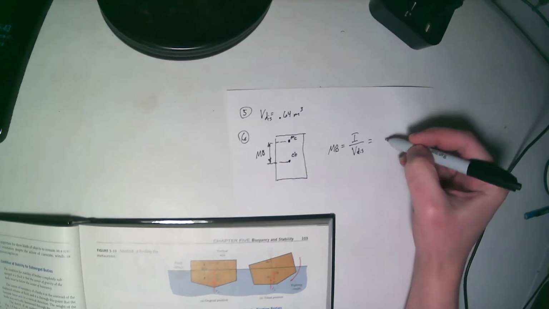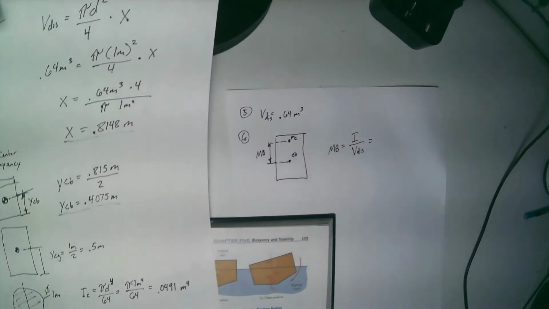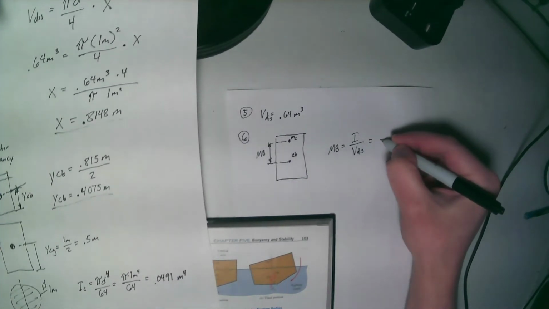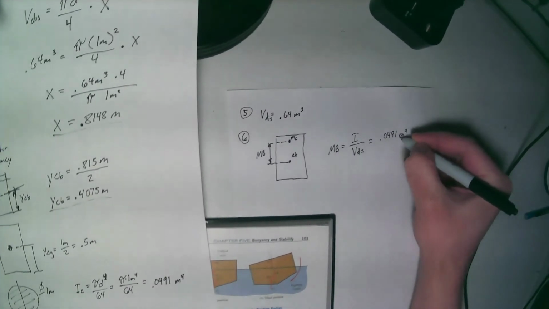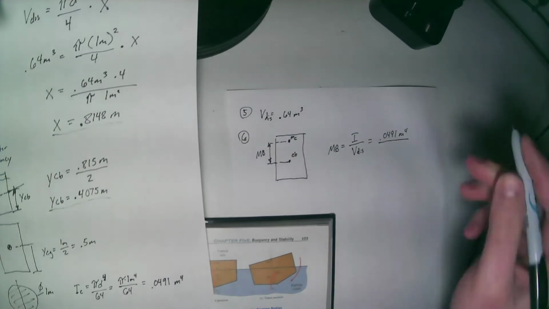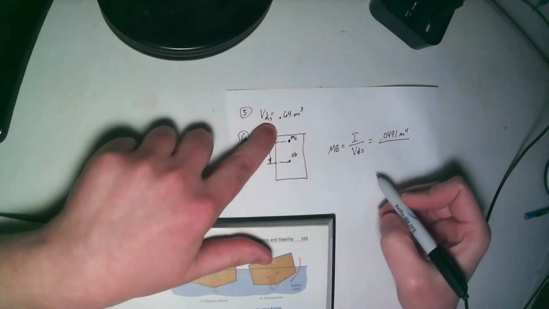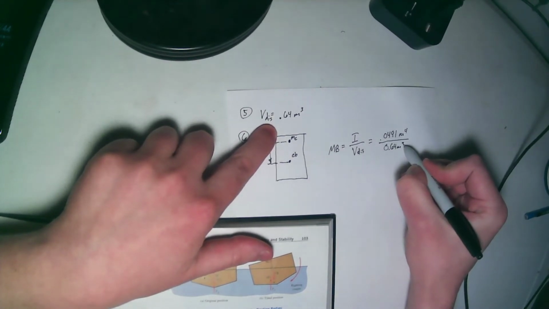What do we get for this? We had moment of inertia here of 0.0491 meters to the fourth. Divide that all by our volume displaced, which we said was 0.64 meters cubed.